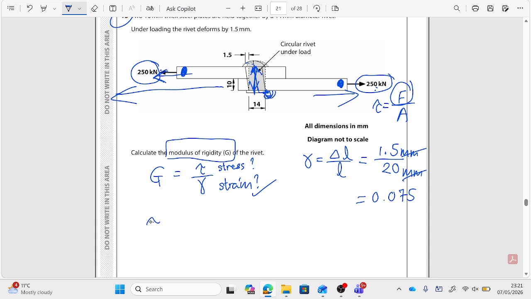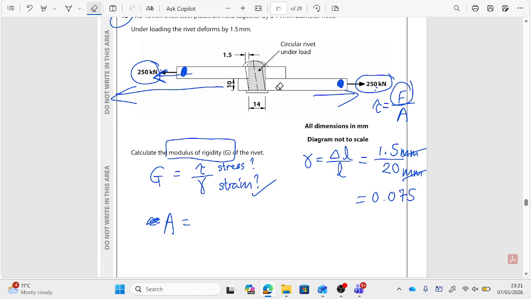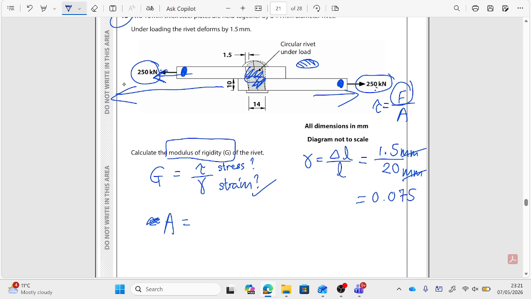Before we find tau, let's find the area first. Area is to do with how wide the pin is. It's not the area of this. It's the area of the cross section of the cylinder, which is the pin here. So it's this area we are talking about, which is a circle.